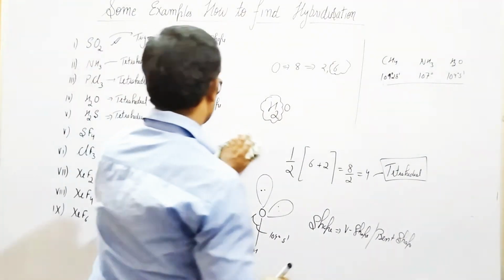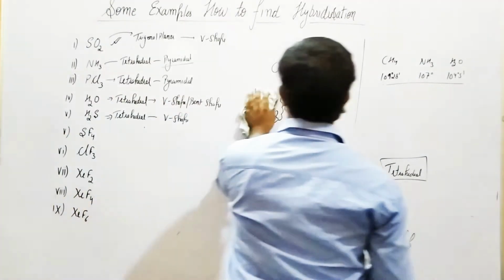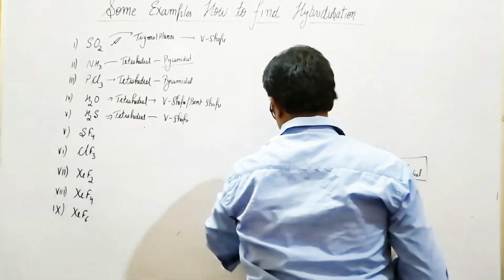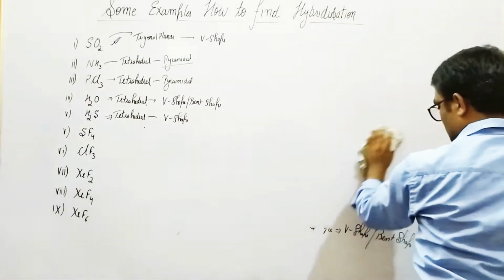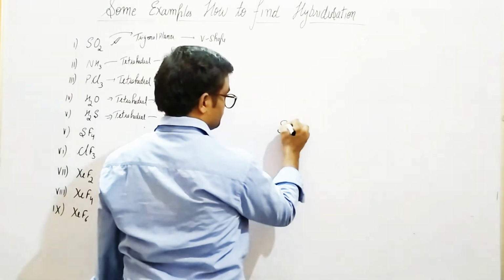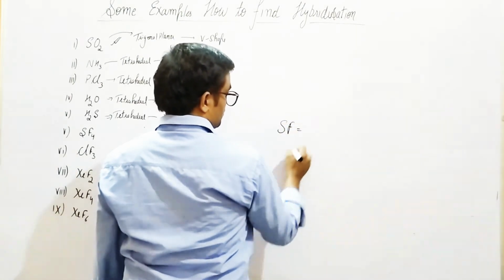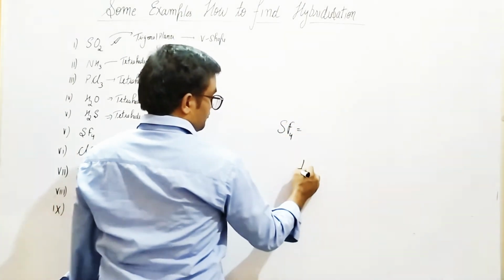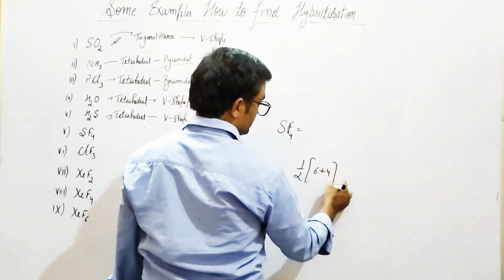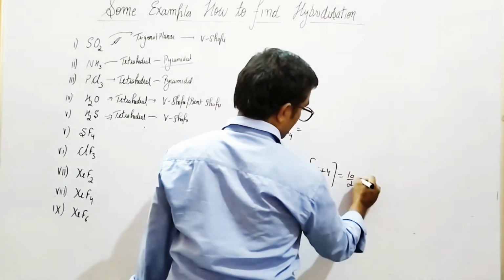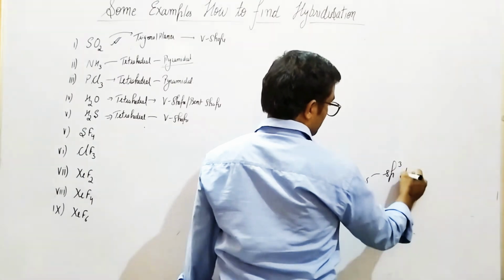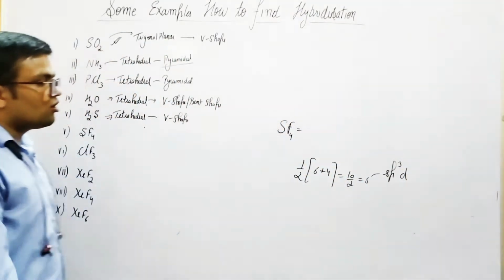Very important example. Now check SF4. The valence electrons in sulfur are 6, as we have discussed many times. Therefore, in SF4, the central atom has half of its 6 valence electrons, plus 4 monovalent atoms, which comes out to be 10. 10 by 2 means 5, and 5 means 1 s orbital, 3 p orbitals, and 1 d orbital.